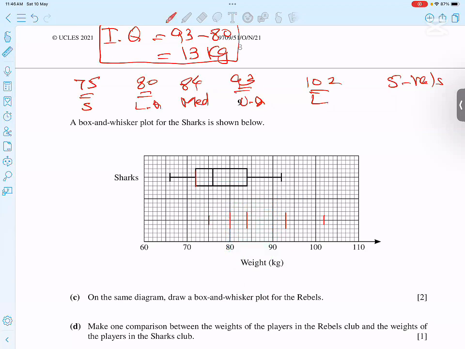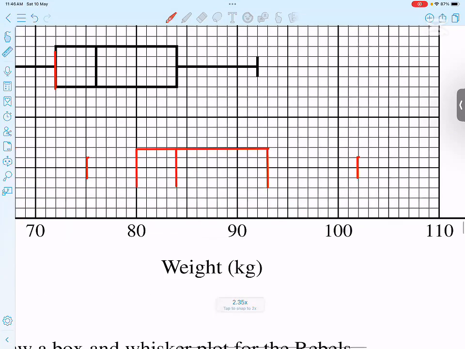Now I'm going to make the box. Don't join up and don't join down. Make sure we join exactly in the middle.